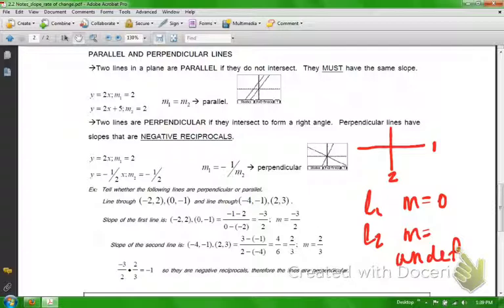These are negative reciprocals. One, you can see it visually. Two, if you look at the math of it, you have 0 over some number times some number over 0. And when you multiply, you're going to end up with perpendicular slopes.